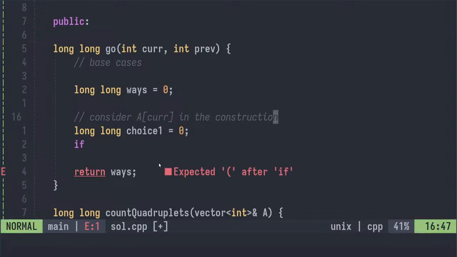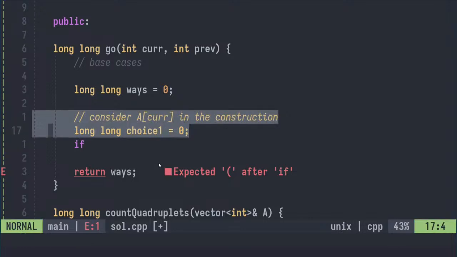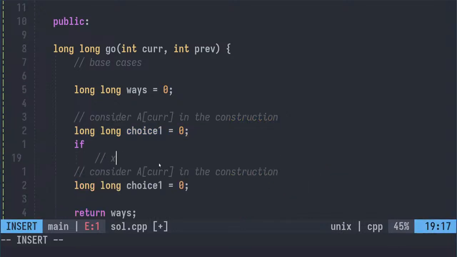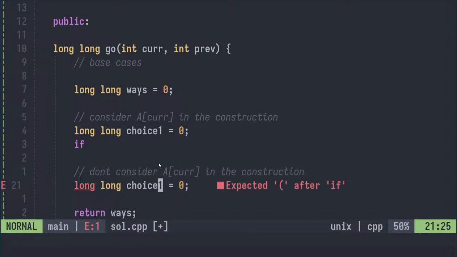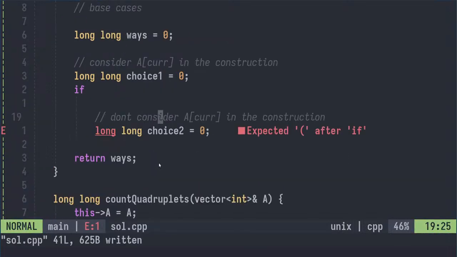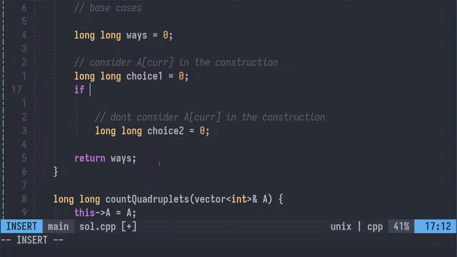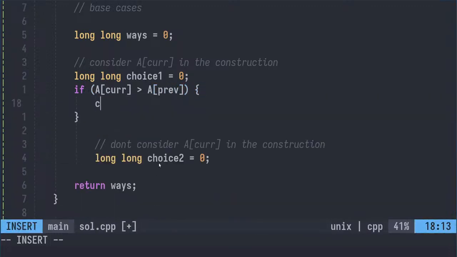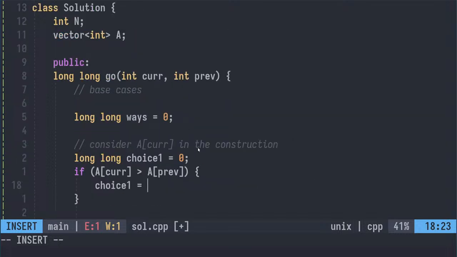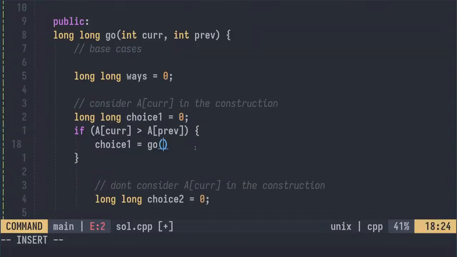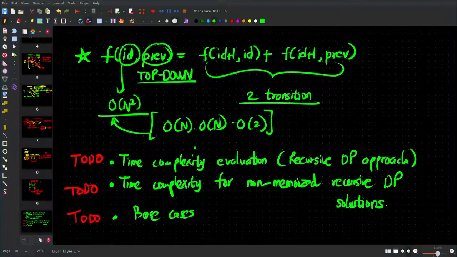And the second one was don't consider, right? This is only possible if a of current is greater than a of previous, and then only we initialize that variable or assign a value to it, which was what.